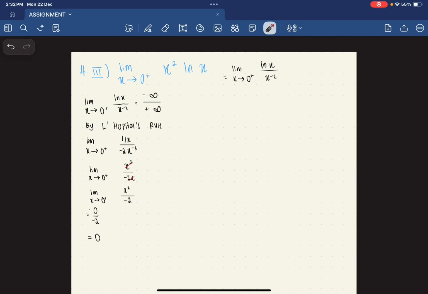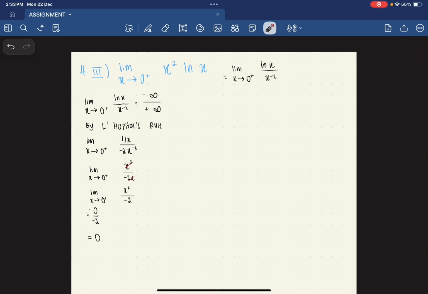For question 4, Roman 3, as we can see, as x approaches 0, ln x will become negative infinity and x squared will become 0. So the expression will become 0 times negative infinity, which is an indeterminate form. So we need to rewrite the expression as a fraction. After changing the expression into a fraction form, we will get ln x over x to the power of negative 2.